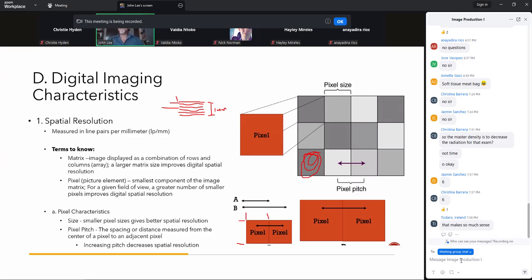If the pixel pitch changes along with the pixel size, resolution is going to improve. Okay. If the pixel pitch does not change, meaning these pixels are further apart to match this distance, then resolution does not improve, even though the pixels are smaller.